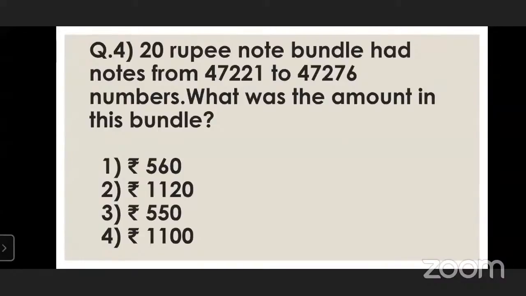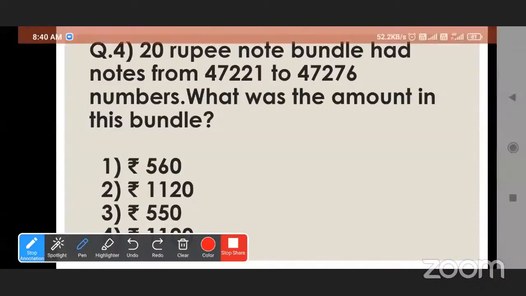Okay. So what do you have to do? We do the same sum, subtraction. A 20 rupee note bundle had notes from 47,221 to 47,276 numbers. So what was the amount in this bundle?